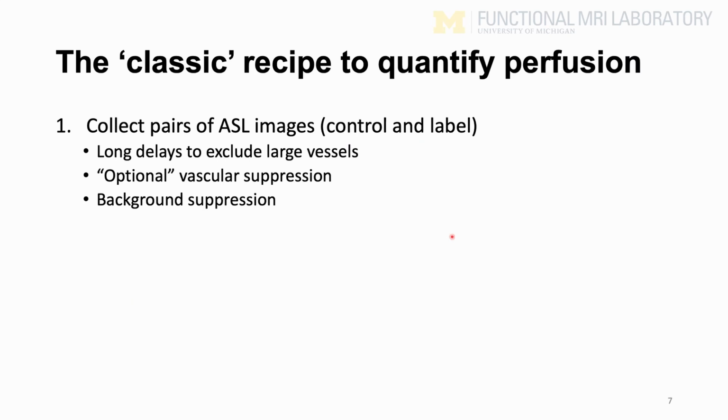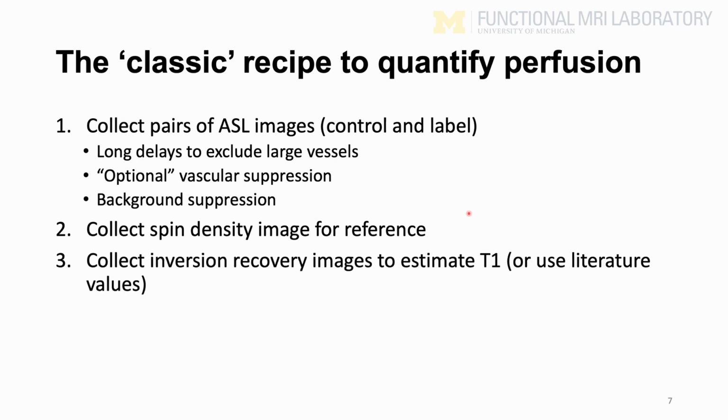Okay, so the classic recipe for the quantification part of this, now that we have images, is that you collect a pair of images, one with a label, one without the label, a control image, and then you subtract them. And you also need a spin density image for reference, so that you know what fraction of the spin density has been altered by the labeling process.